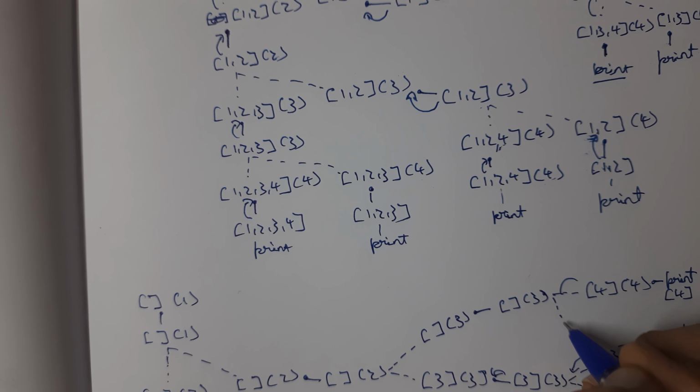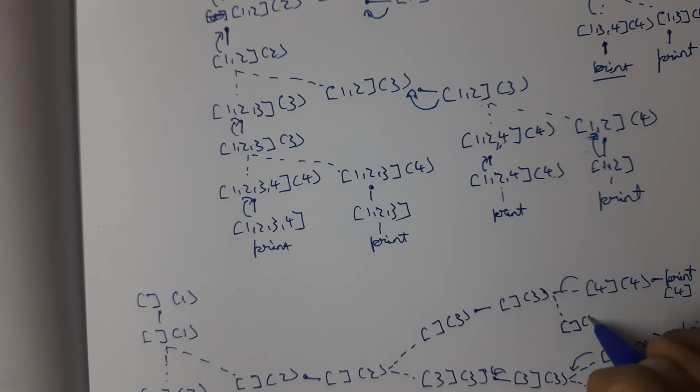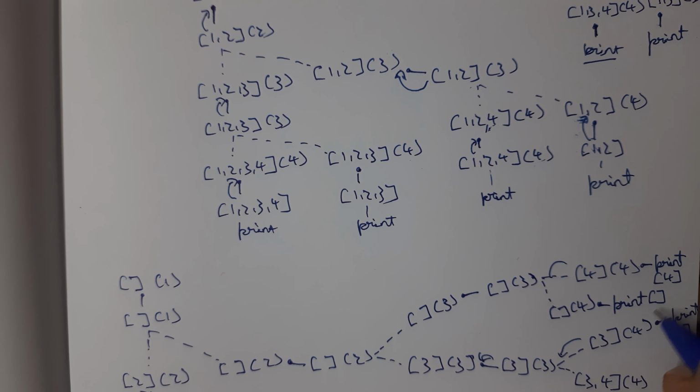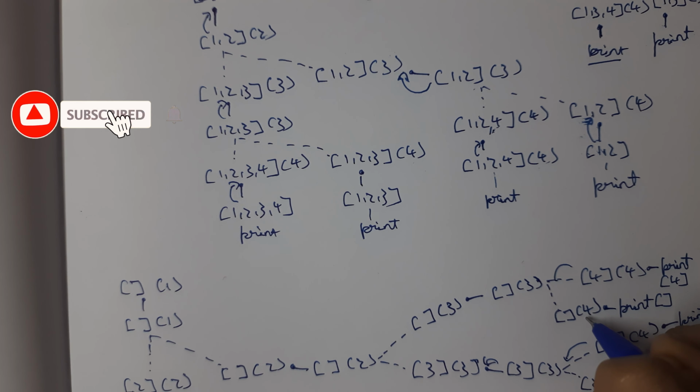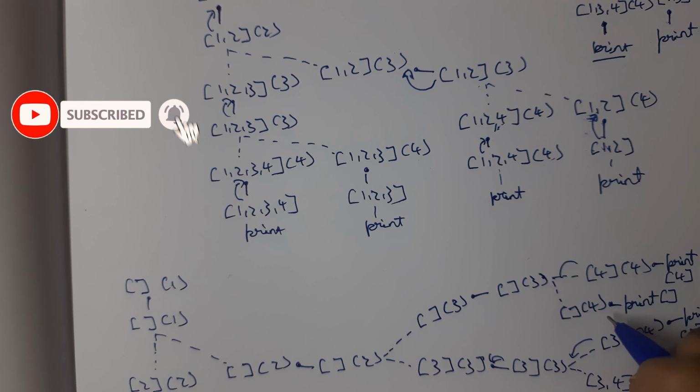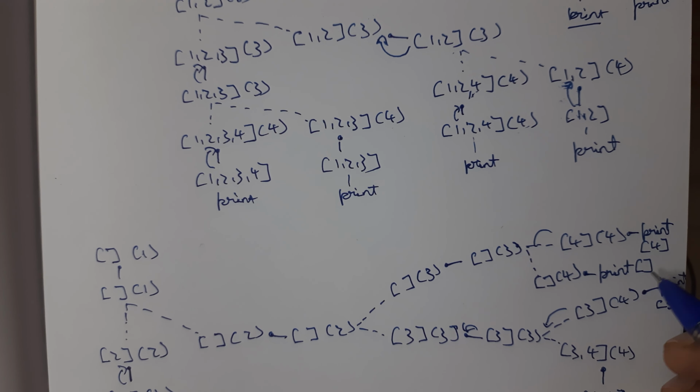This subset will be passed with the input parameter as 4, and then we are going to print this empty subset in the next function, because the input parameter has satisfied the if condition. So as you see now, the empty list has been printed.